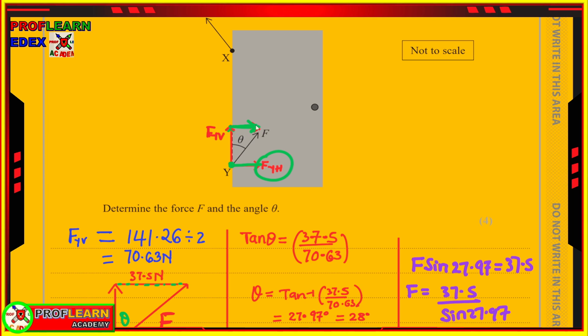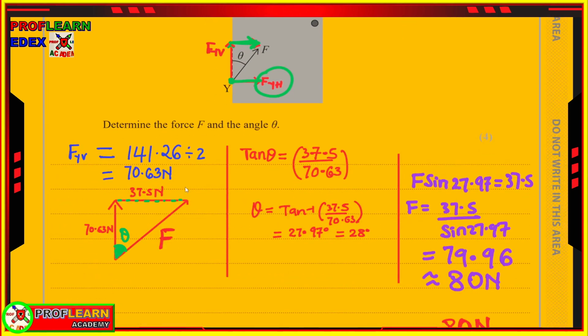This force is the one we have worked out in the previous section. So when I drew and represented this, I moved this force up here so that I can have a triangle with my force of 37.5 here, the angle theta here, and 70.63 acting upward. We can use that information to work out F and also theta.